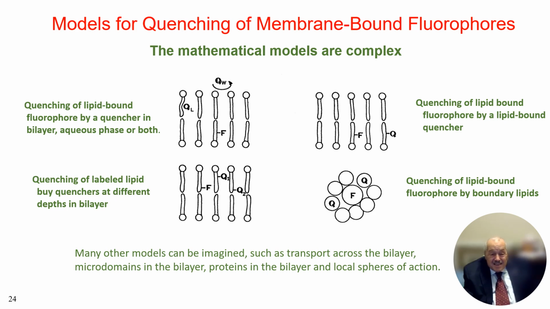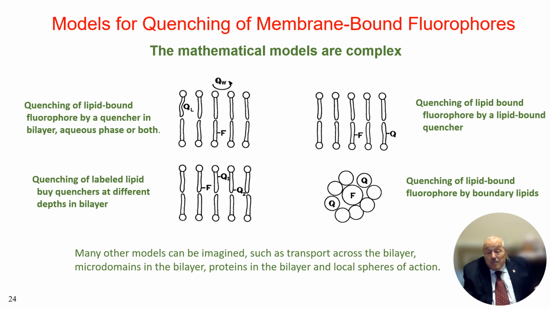That's another case. The covalent binding of the quencher to the lipid can be at different locations. That's another case. Another case would be, are there boundary lipids around the fluorophore? The fluorophore might be located on a protein, which might result in more lipids of a certain type being concentrated around that protein or less concentrated.